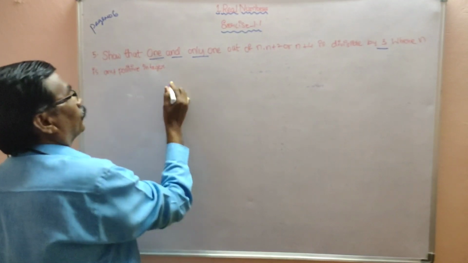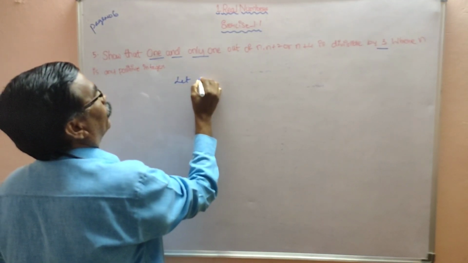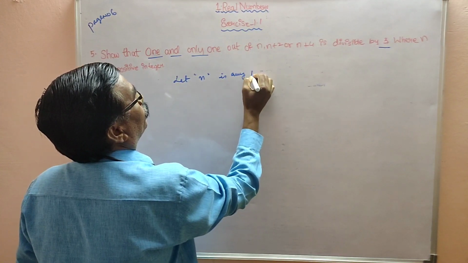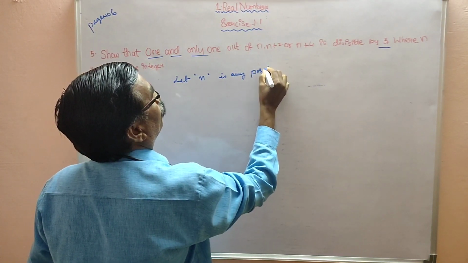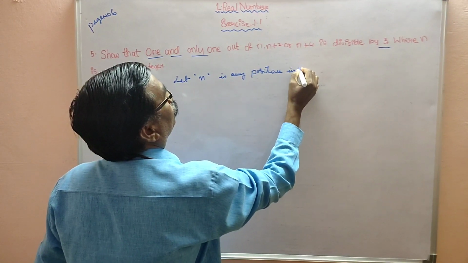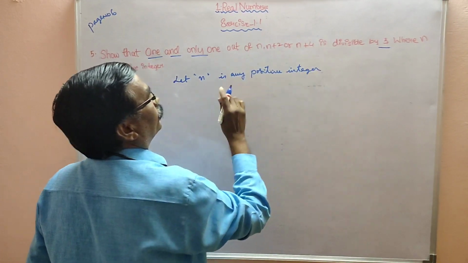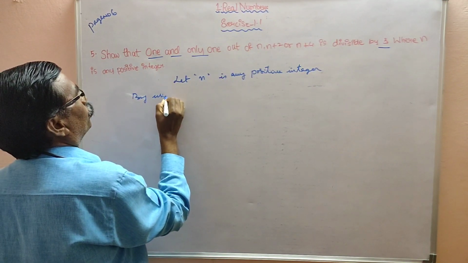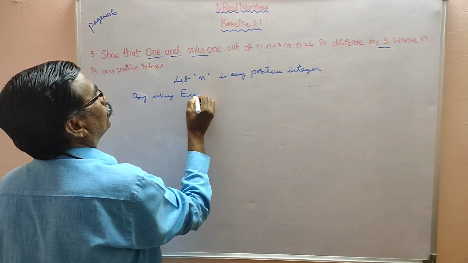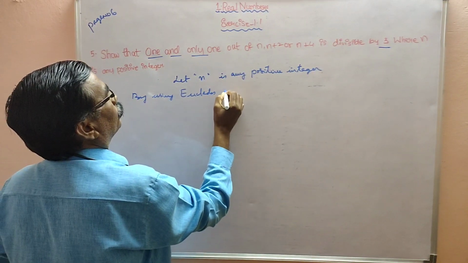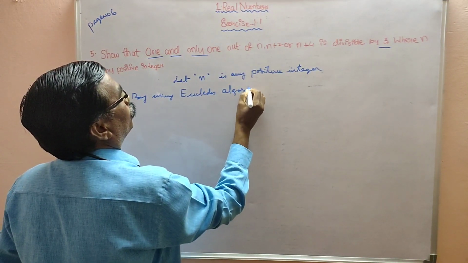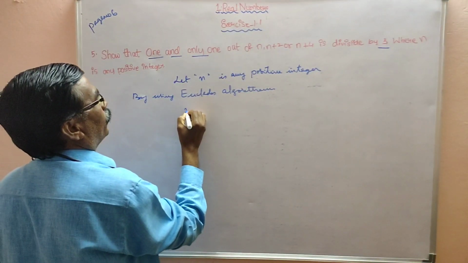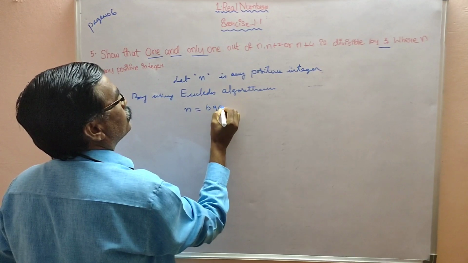So let n be any positive integer. By using Euclid's algorithm, we can say n equal to bq plus r.